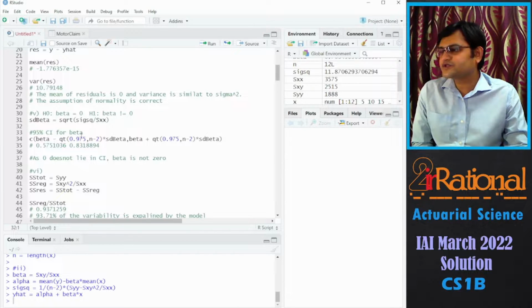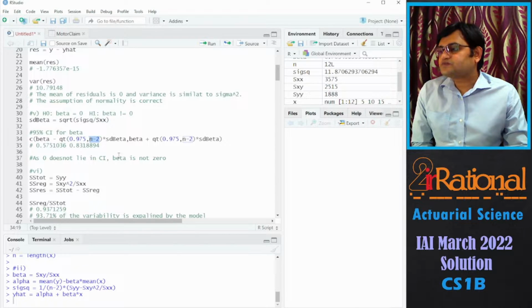So the 95% confidence interval, I've written it as a vector. We'll have beta minus qt, that becomes our t. The value that we want is 0.975 on one side, if you are taking subtraction, or you can take it as 0.025 and then say lower tail is false.